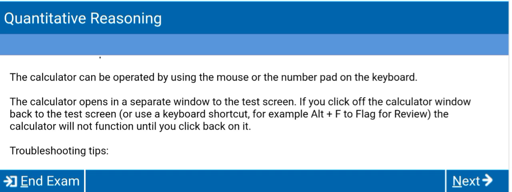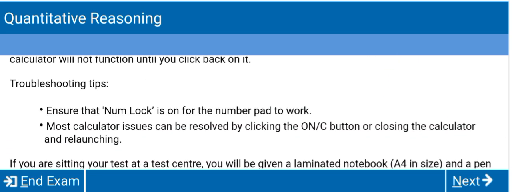So if you click off the calculator window back to the test screen, the calculator will not function until you click back on it. Troubleshooting tips: ensure that num lock is on for the number pad to work. Most calculator issues can be resolved by clicking the on or C button or closing the calculator and relaunching.